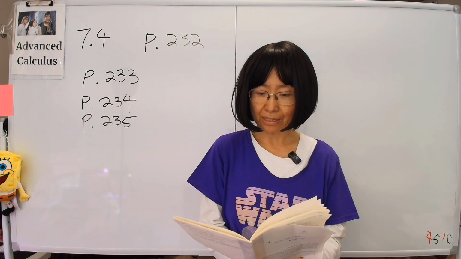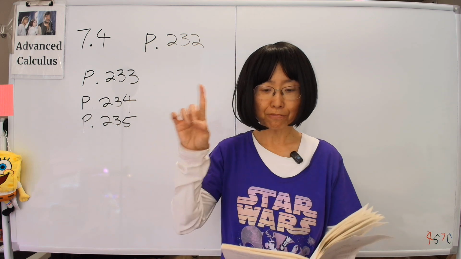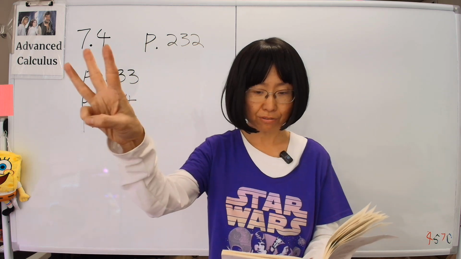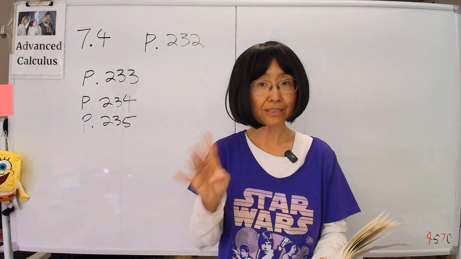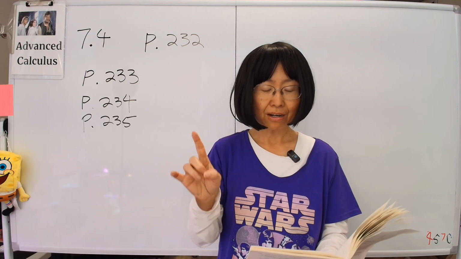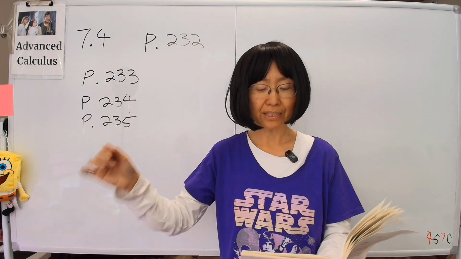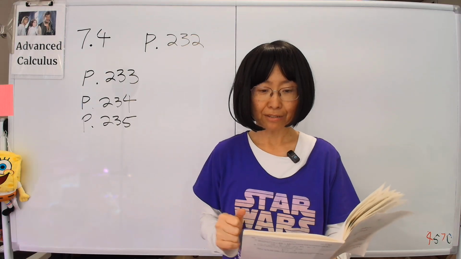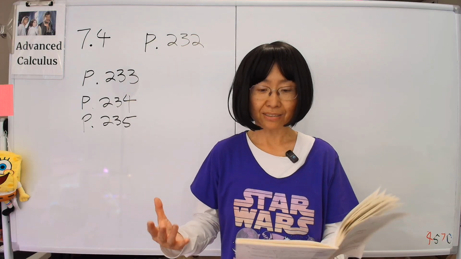The theorem says the triple integral over V of the partial of P with respect to x, plus Q with respect to y, plus R with respect to z, dV, is equal to the double integral over sigma star of P cosine alpha, plus Q cosine beta, plus R cosine gamma, d sigma.